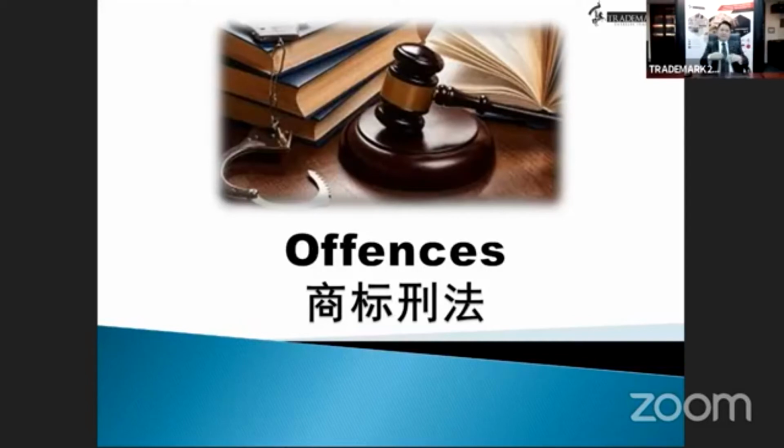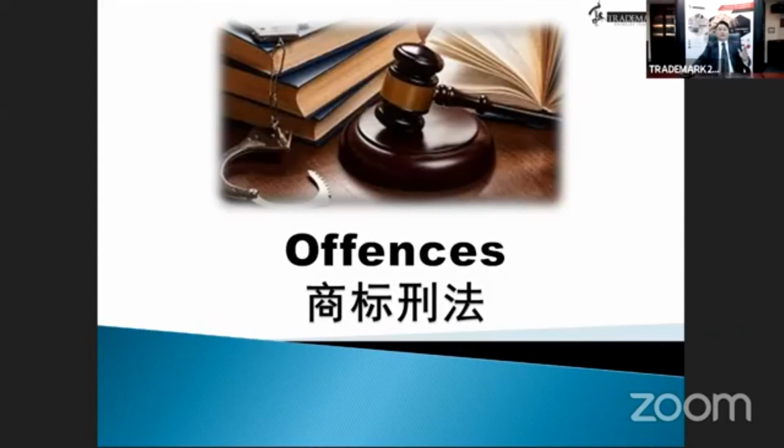Now, under the new law, which repealed the previous 1976 Trademark Act, from 2019 onwards, December 23rd, this new law came into effect. And now we have the offenses here. Listen carefully if you are a registered trademark owner.